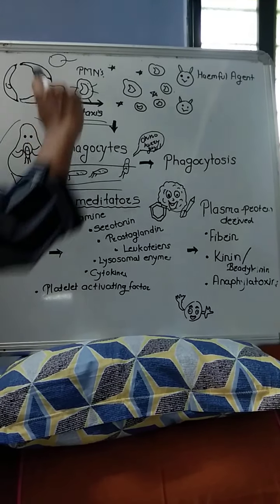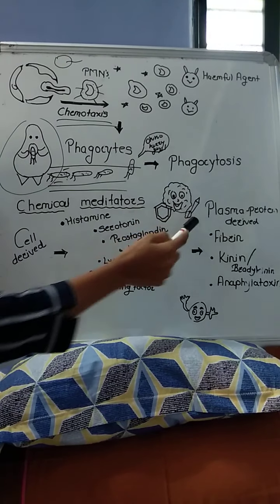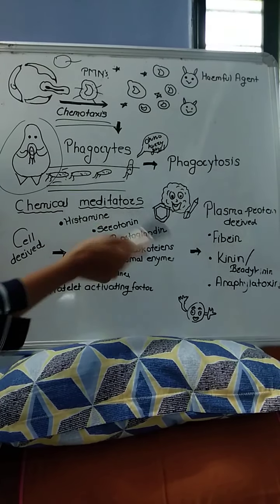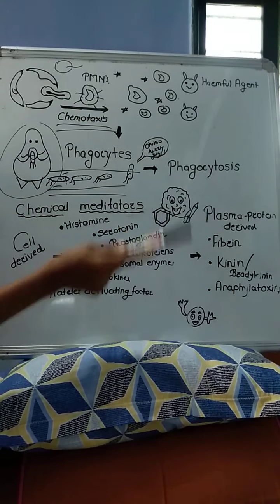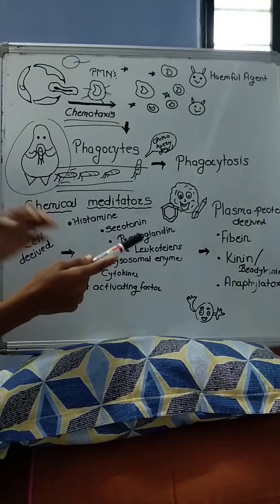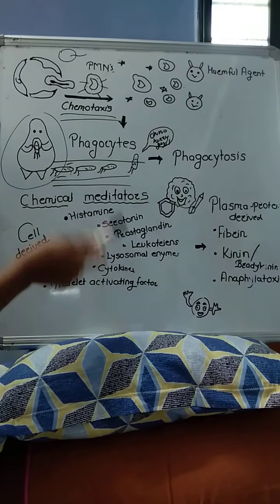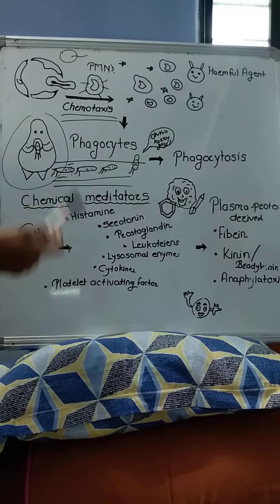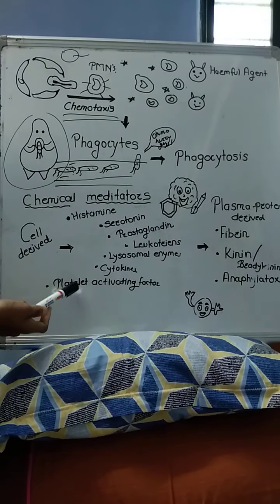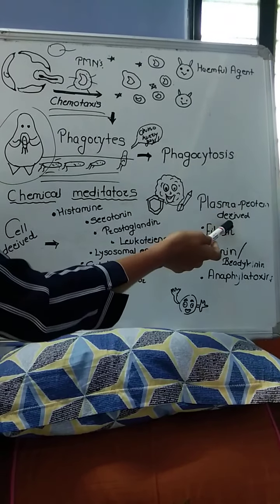For this organized process of inflammation, they need avengers, that is chemical mediators. These chemical mediators help this process point to point. They mediate the process, that is they give direction to the process. They signal at every point. There are cell derived chemical mediators and plasma protein derived mediators.